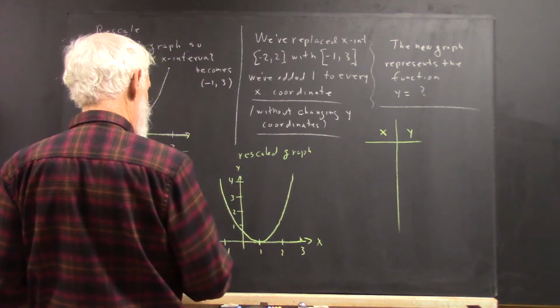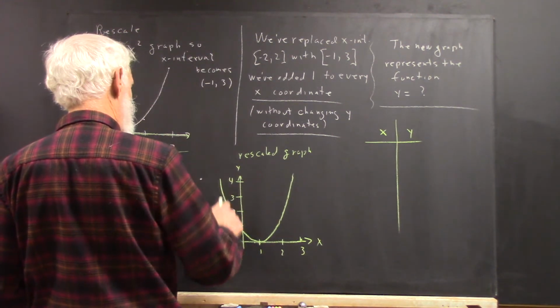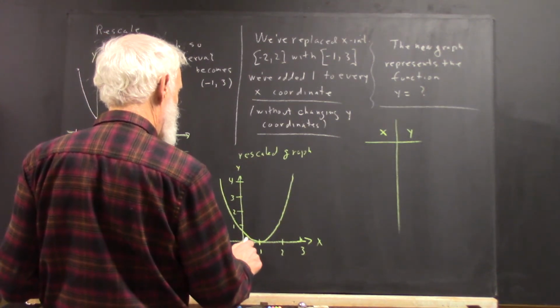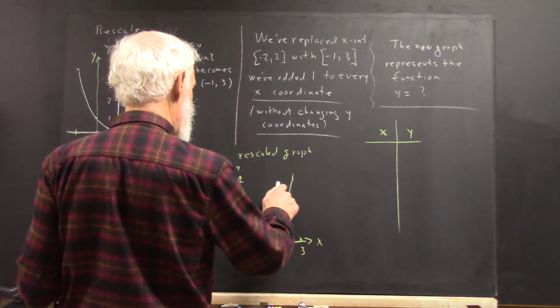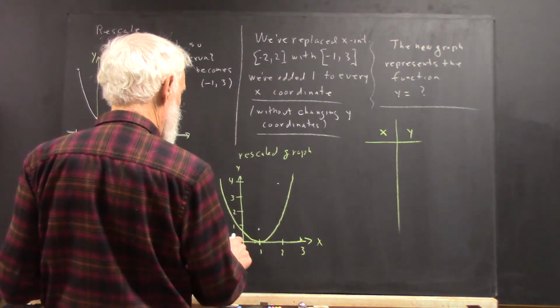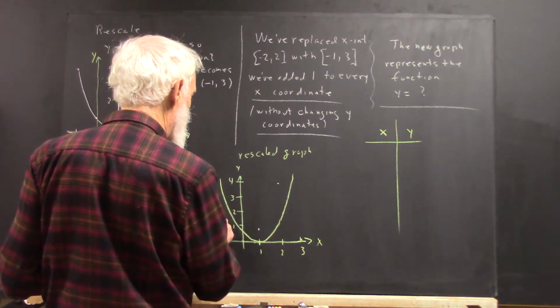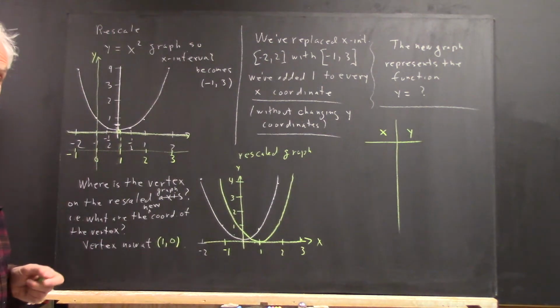And we could actually do this. We could go up over here to -2, and we could sketch our graph of the x squared function. Okay?